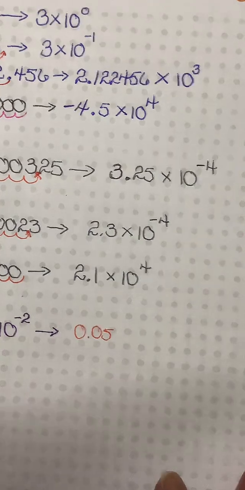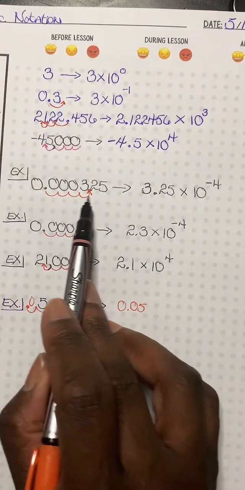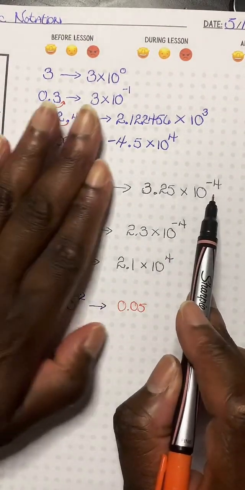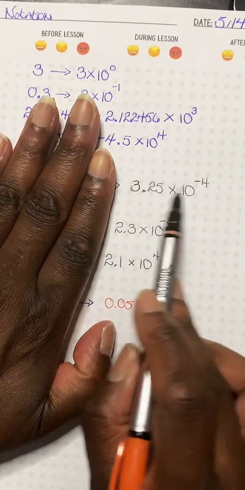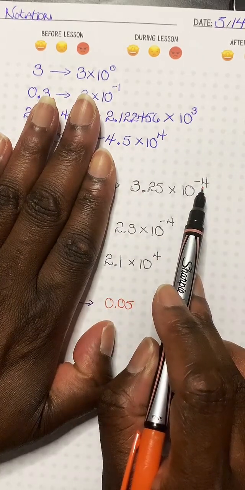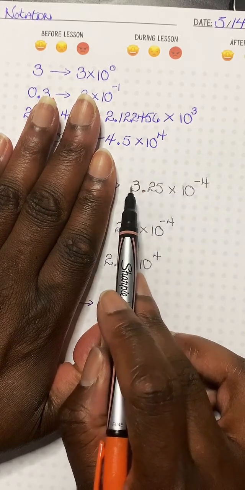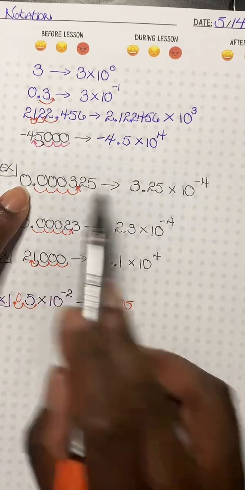Think about it, when we did this lovely monstrosity right here, if I was just given this, it's telling me I'm going to be working with a smaller number. So I'm moving this decimal point 4 places to the left. That's how we got this.